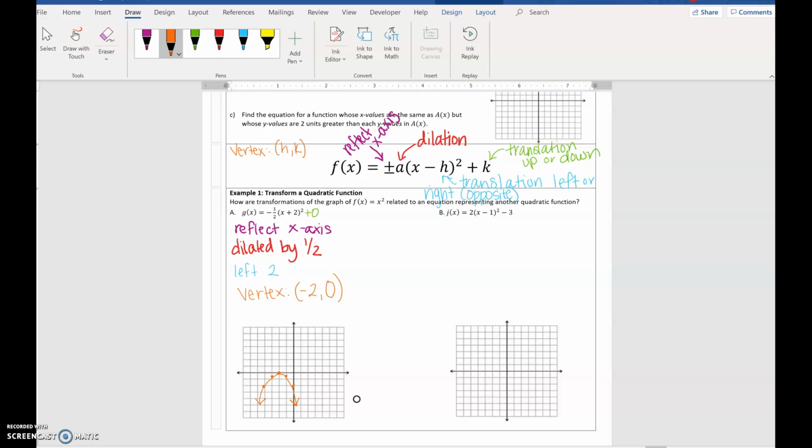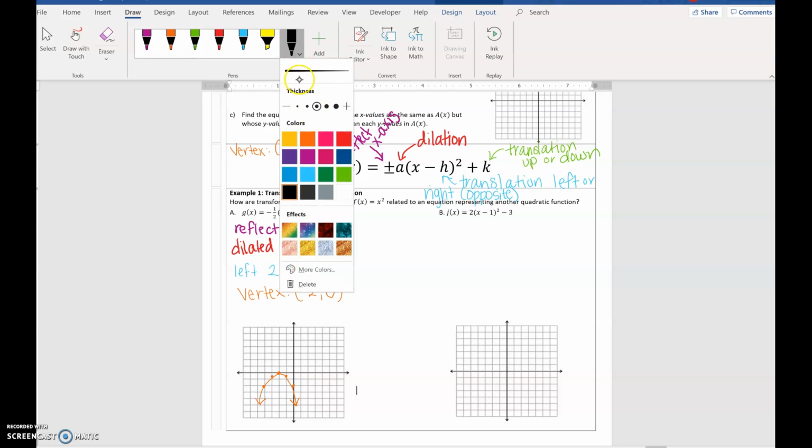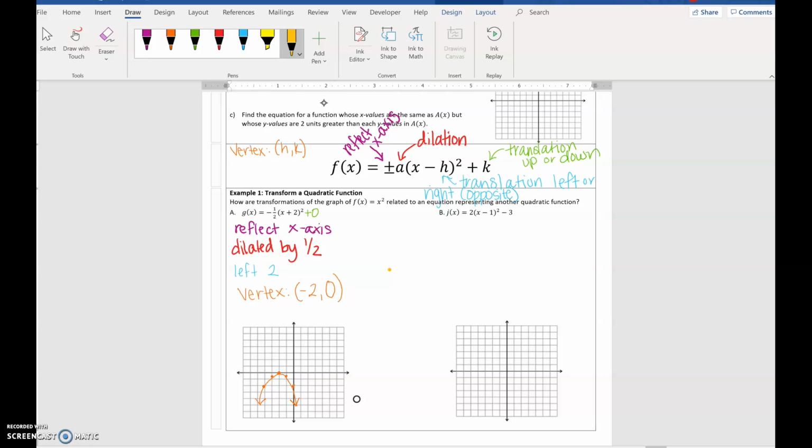Okay, and then the one thing I want to point out is there's also what we will be calling an axis of symmetry. That would be where you can cut this in half. So right here.